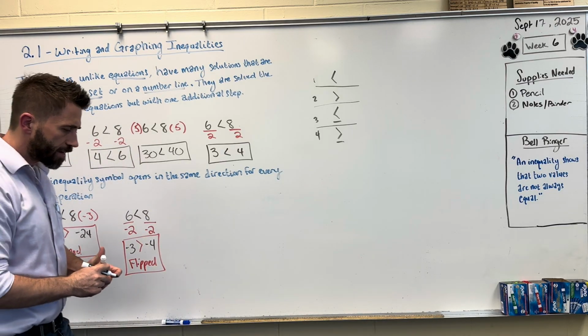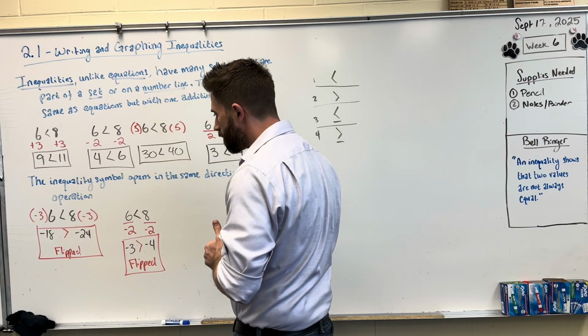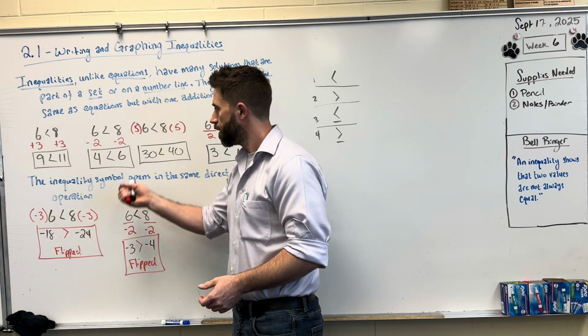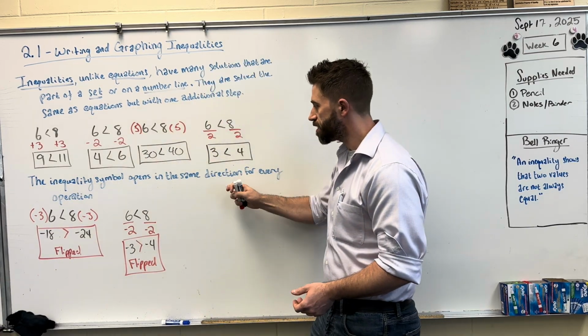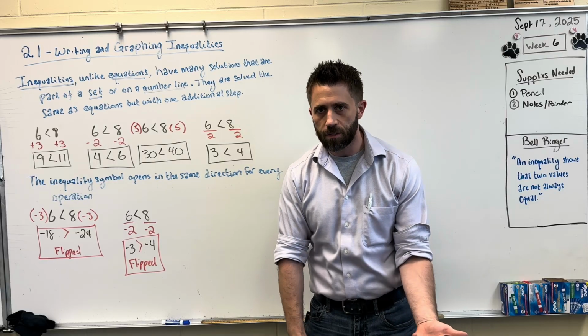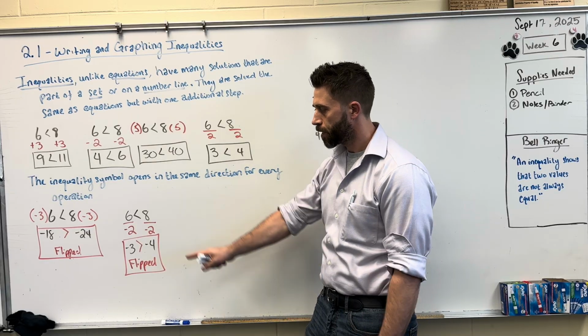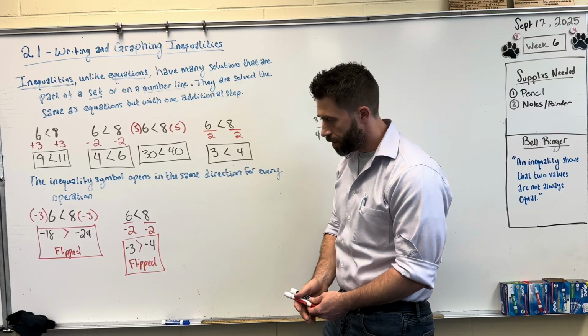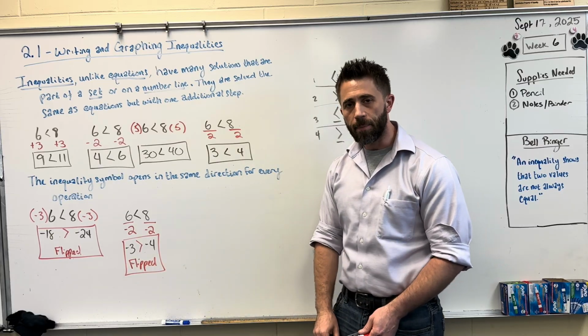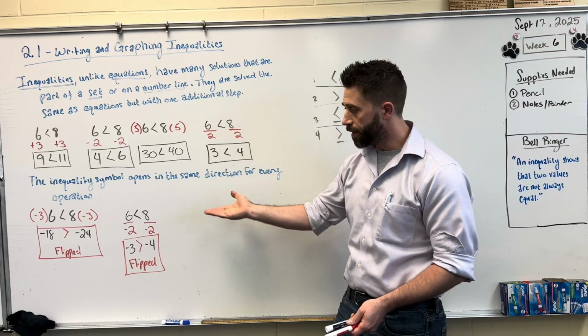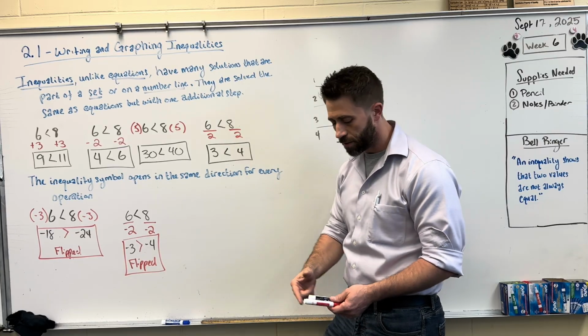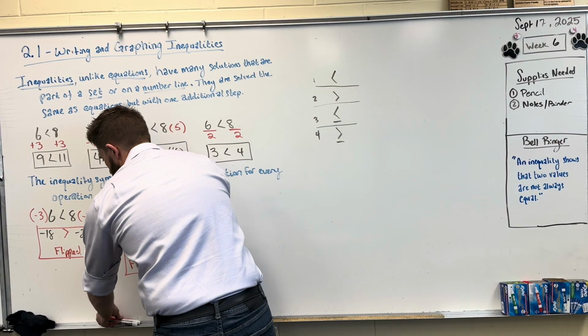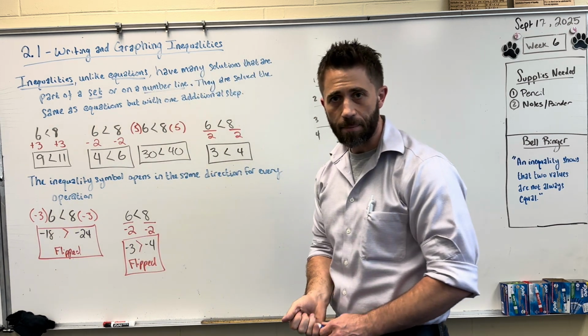Okay, so then I asked, okay, what's different from these 2 operations versus these 4 operations? We just said it opens in the same direction for every operation. What is unique to these 2? The negative. So we notice that when we multiply or divide by a negative number, it changes how we orient the final result. So that's going to add a caveat to our opening statement right here.